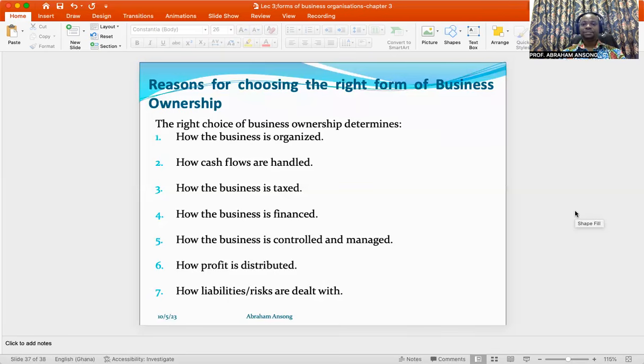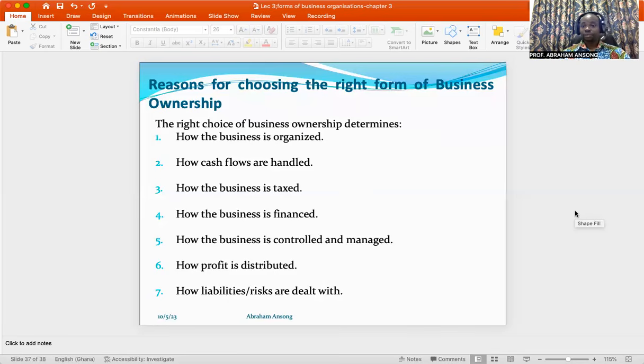Then how the business is financed. I think we've explained a lot. In sole proprietorship and partnership, it's limited to the amount of funds that the business owners bring on board. Okay, and it's normally limited because of the disadvantages that we've explained much earlier on. It's limited to just the number of business owners that come together.